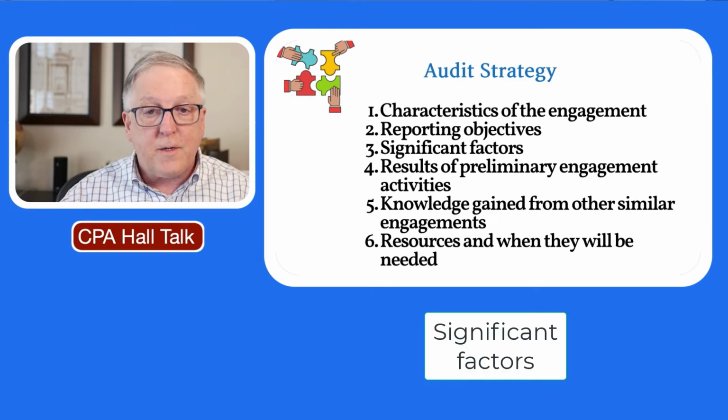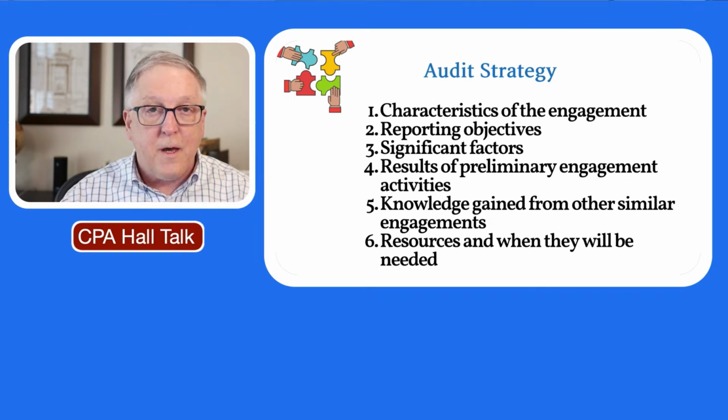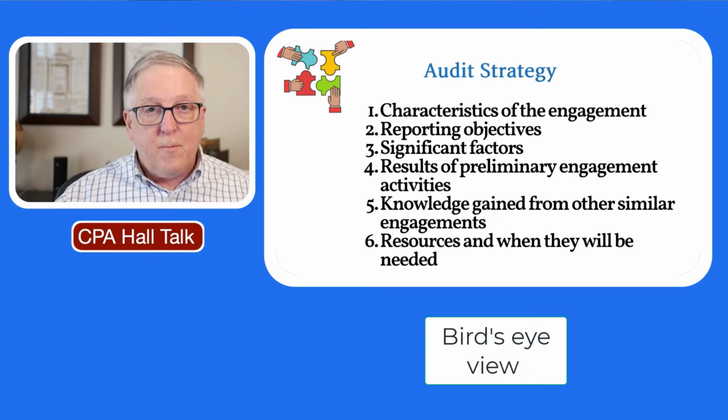Number three, significant factors. So if you've got particular elements within the balance sheet or income statement or disclosures that are highly complex, you want to note those in the audit strategy. If there's any one document that summarizes the whole engagement, it's the audit strategy.